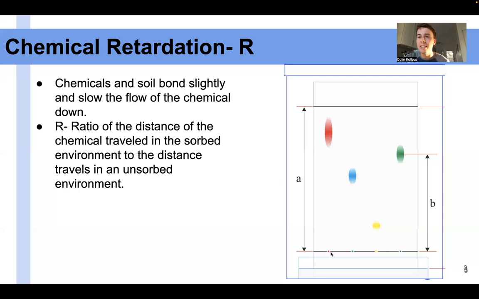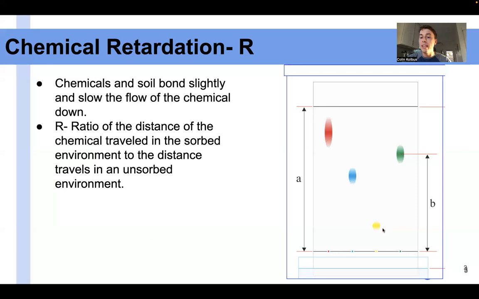And so over that same time, the red dye was able to travel a lot farther. And this line at the very top is our water. So it was almost able to travel as fast as that water moved. So it was not bound to the paper in any way. It wasn't held back. It wasn't retarded. And so this is going to have a low chemical retardation coefficient.